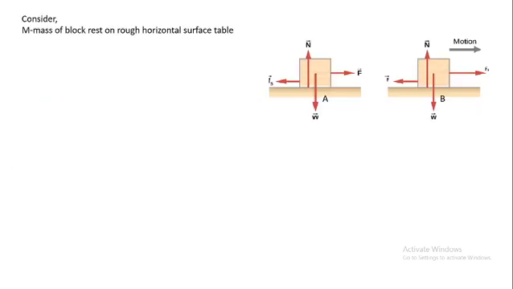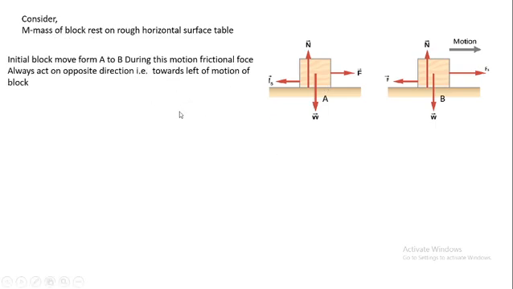So we consider one block of mass m, which is at rest on a rough horizontal surface at a point A, and suppose the block moves from point A to B. During this motion, a force is acting on this block towards the right.